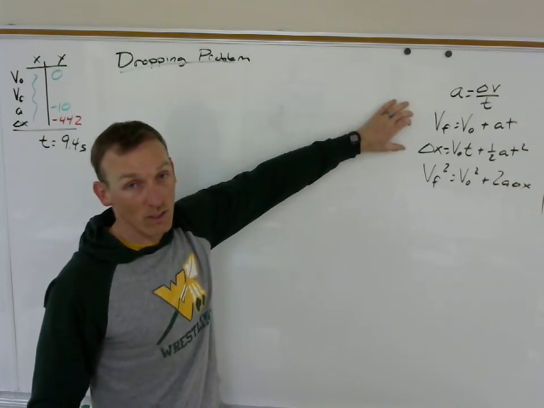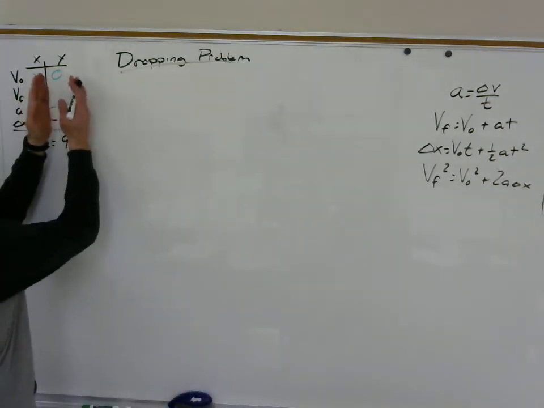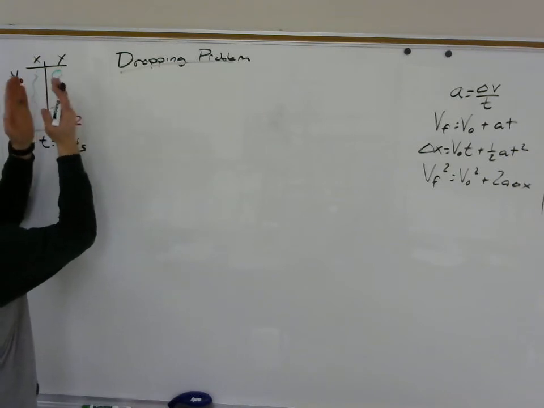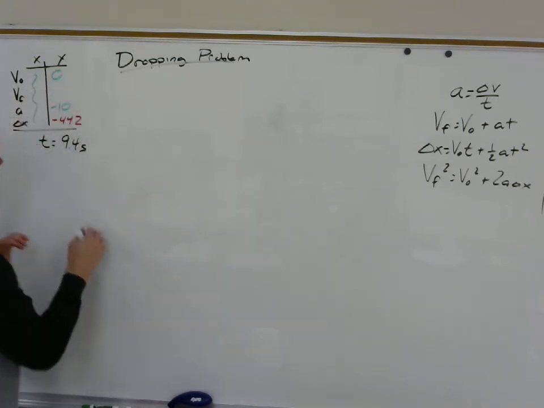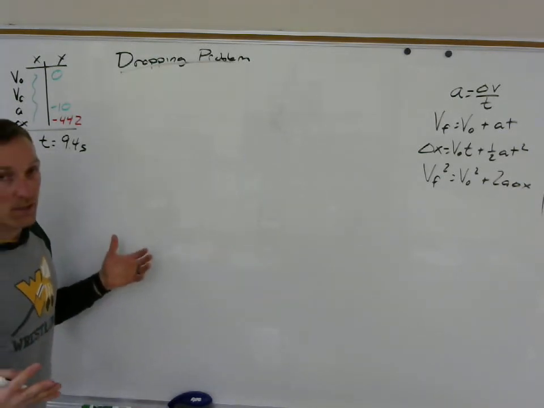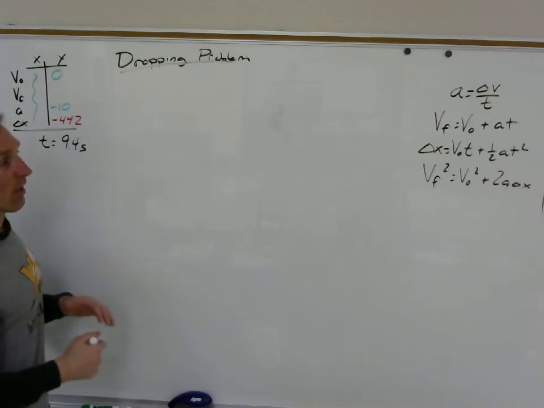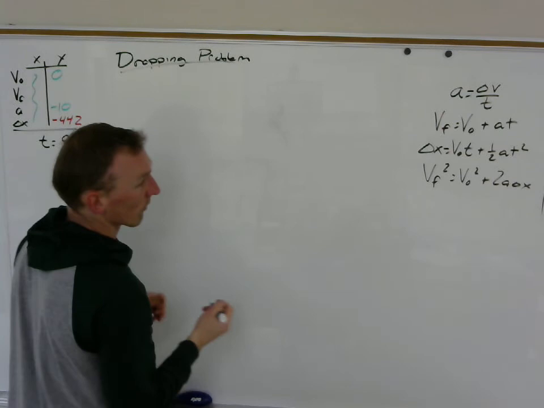All right, so let's make sure that we are only using one part at a time, either the y direction or the x direction. We cannot use numbers from both sides. The only time that's the case is t, because it is actually consistent for the x direction and the y direction. Otherwise, everything else, there's values for the x and the y that are different. All right, so let's find that final velocity.